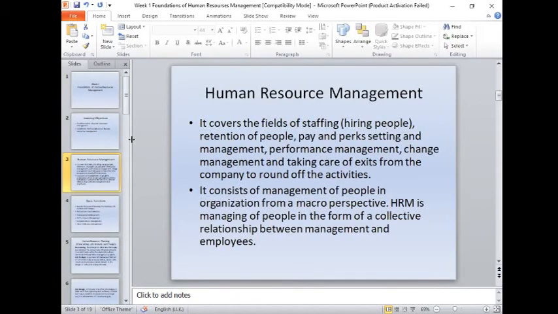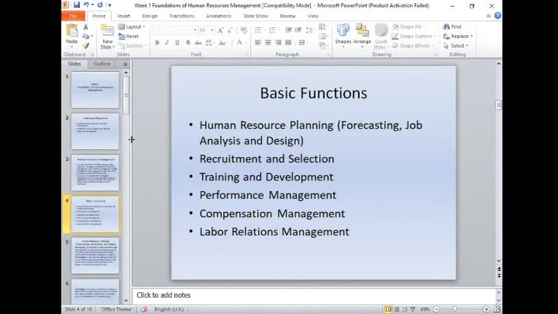That's why we have to manage the people in order to have a collective, good relationship between management and employees. That is part of the controlling I mentioned, to control the performance and the working relationships of people in the organization, particularly in management.